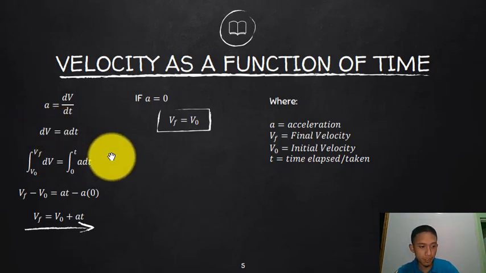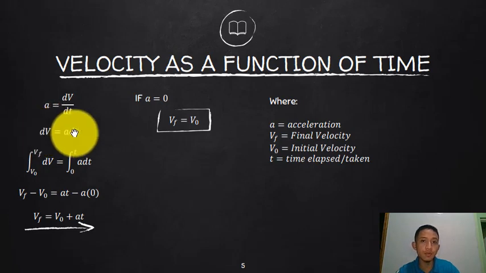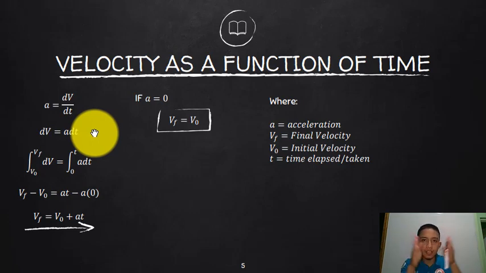If you just integrate this one, since this is integral calculus, you will end up with plus c if you are applying an indefinite integral. However, since we will be having a limit, considering a certain time from this time to that time, there is a limit. So if there is a limit, what are we going to apply?